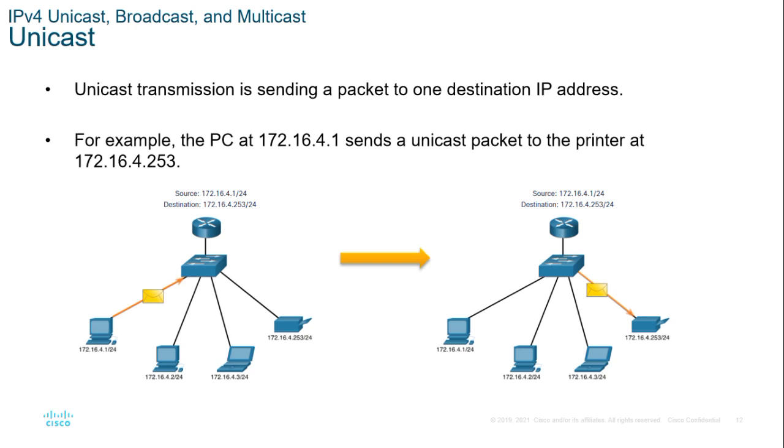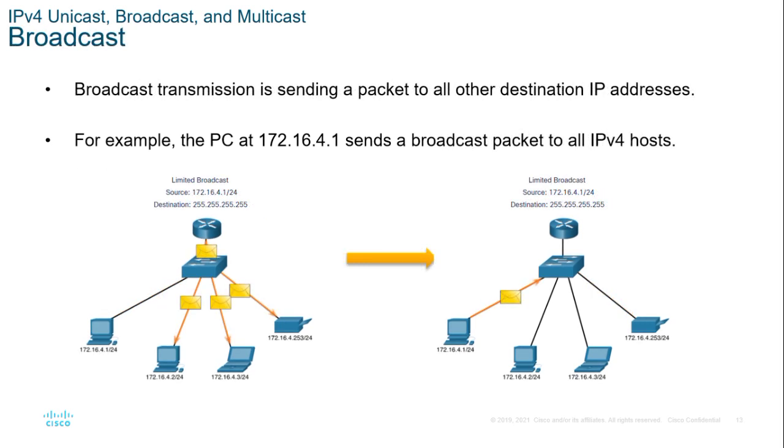So in this example, if the PC at 172.16.4.1 wants to send a packet to the printer at 172.16.4.253 only, this type of transmission is called unicast. So unicast is one-to-one transmission.